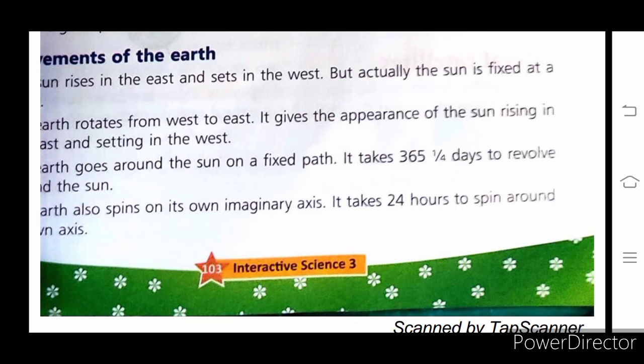And when the earth moves around its own axis, it takes 24 hours, means one day. In one day, how many hours are there, children? There are 24 hours, and in 24 hours the earth rotates around its own axis. Okay, children.